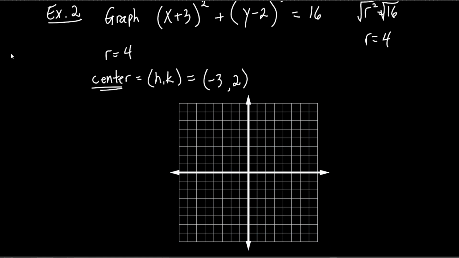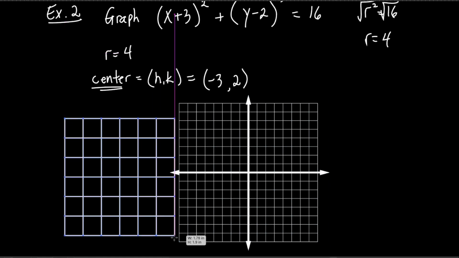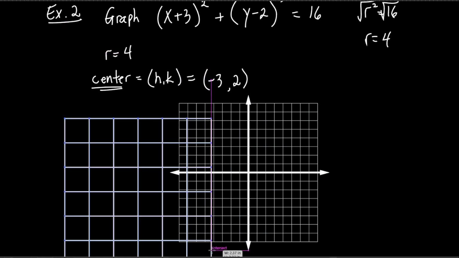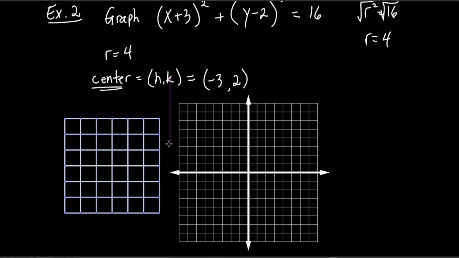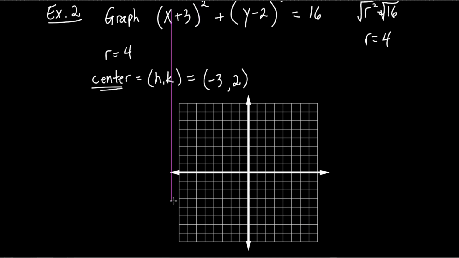Watch this. I can go to the rectangular grid tool, and look at this. I can make my own. That's not how I made that one right there, but I can make my own, and I can change the size of the grids and all that kind of stuff, but I'm not going to do that right now. I made this a different way, but you don't care, so I'd throw that out there.